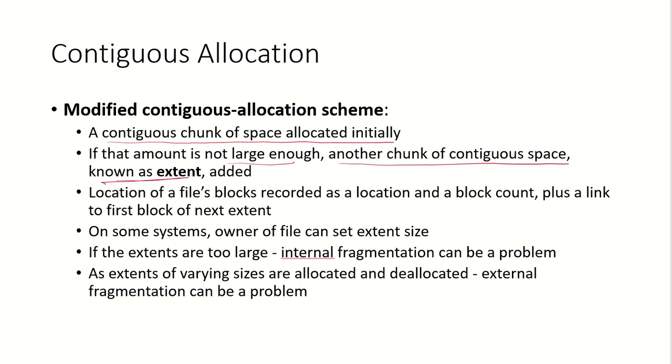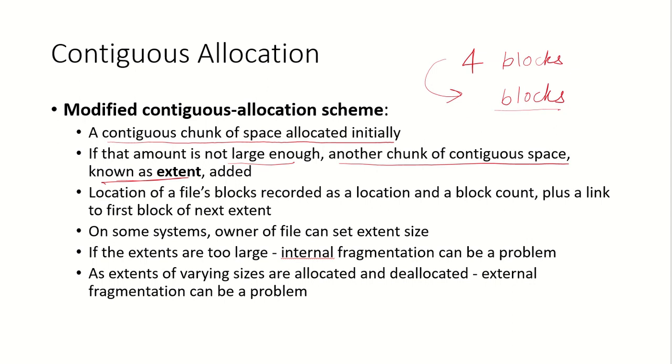So earlier what was being done is that suppose a file initially was given 4 blocks and now it required 6 blocks. So a larger contiguous space of 6 blocks was looked for and these 4 blocks were copied to these 6 blocks.